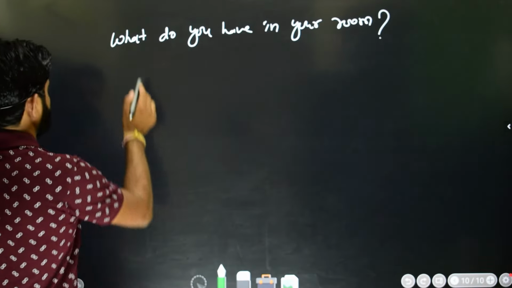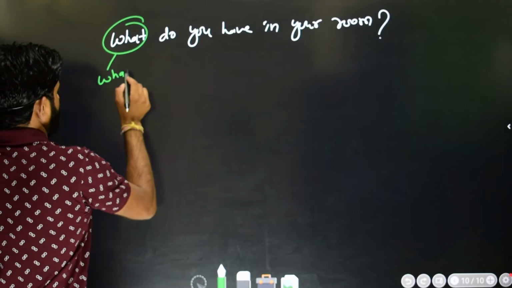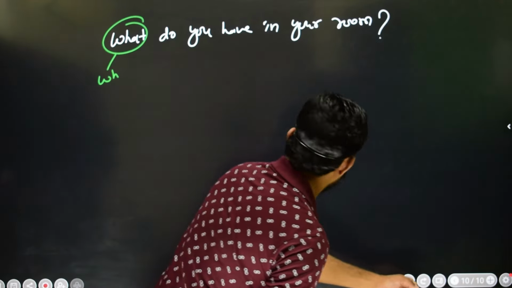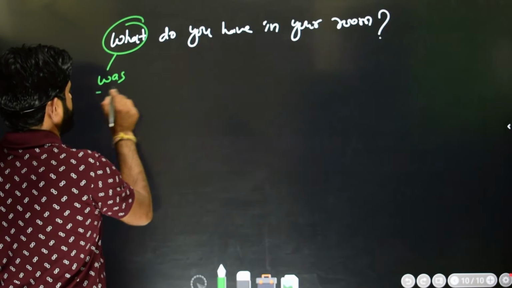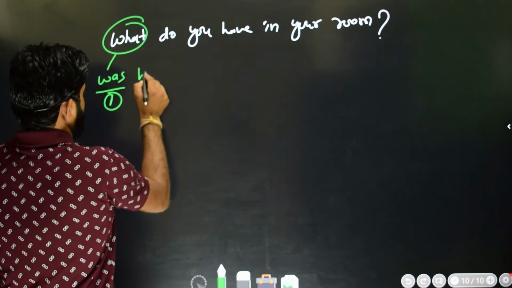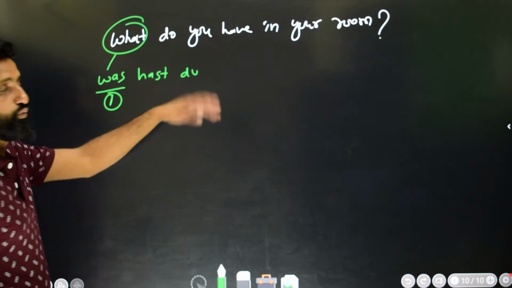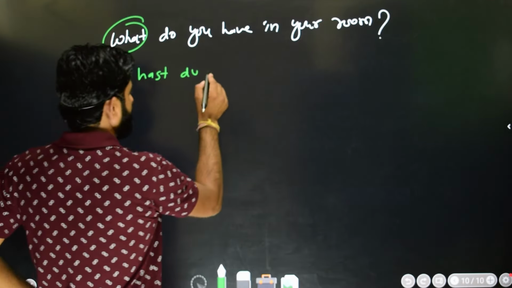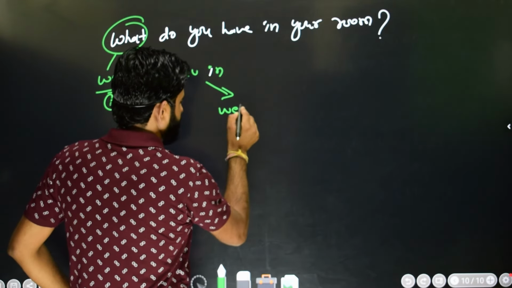Let's understand it. Was will be what? What will be was? First position. Was means what do you have? Where? In. And what is this in? In is a wechsel preposition.